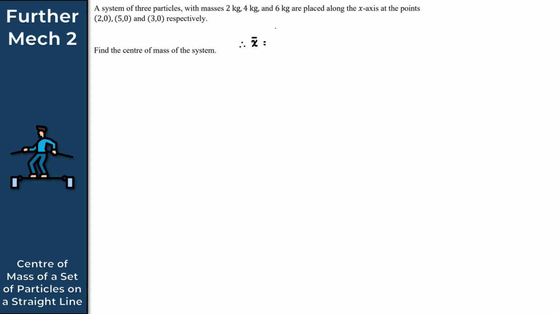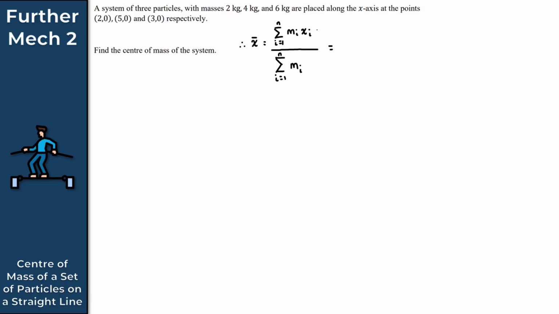So what is that result then? This here is the summation from i equals 1 to n of m_i times x_i, all over the summation, again from i equals 1 to n of m_i, okay?